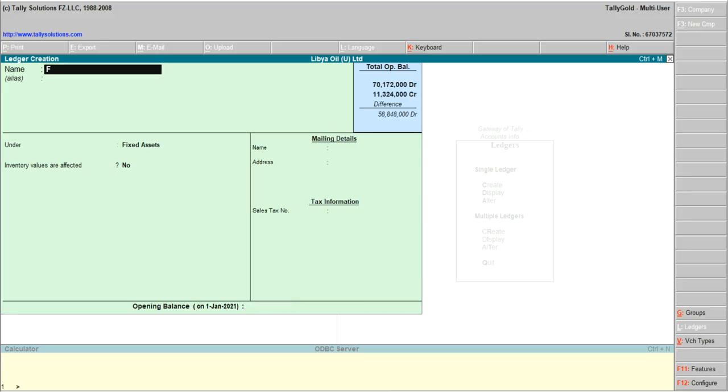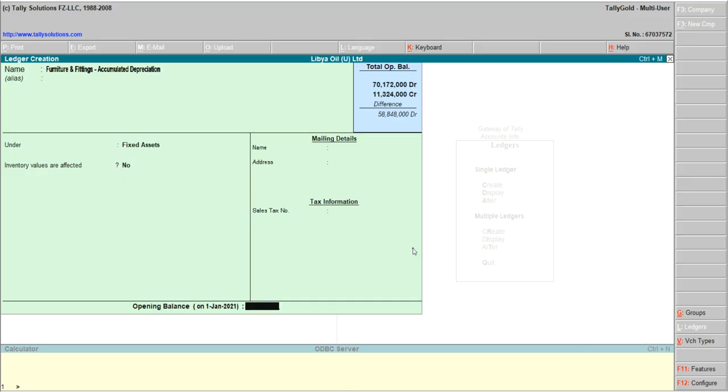Then furniture. Furniture and fittings. This is accumulated depreciation. Fixed assets, opening balance.